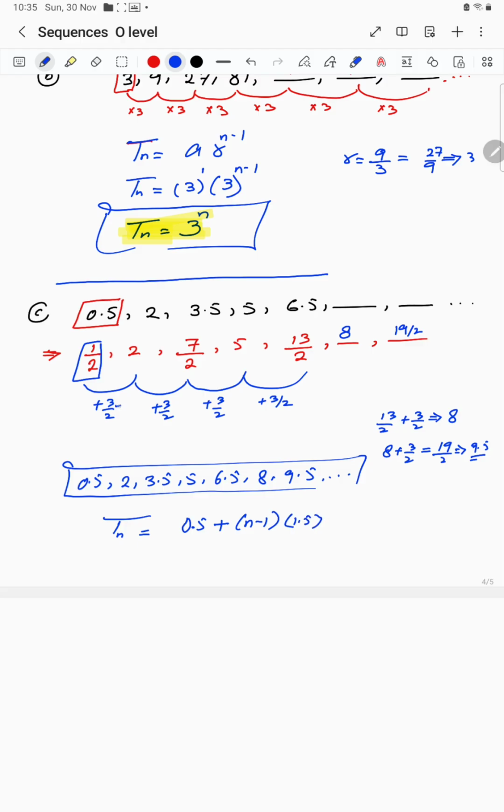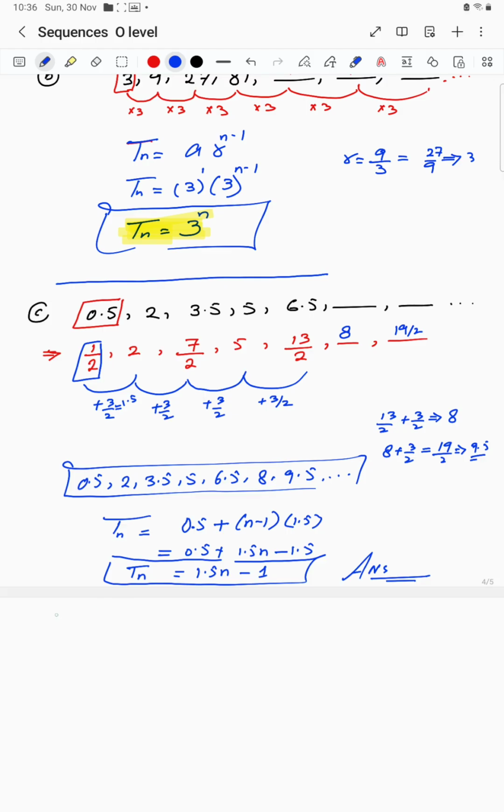So 0.5 plus 1.5 times (n minus 1) is the nth term formula for this given example. I hope it is very much clear. Now you can replace n with the term number you want to find, and easily you can find it. I hope this is clear, guys.